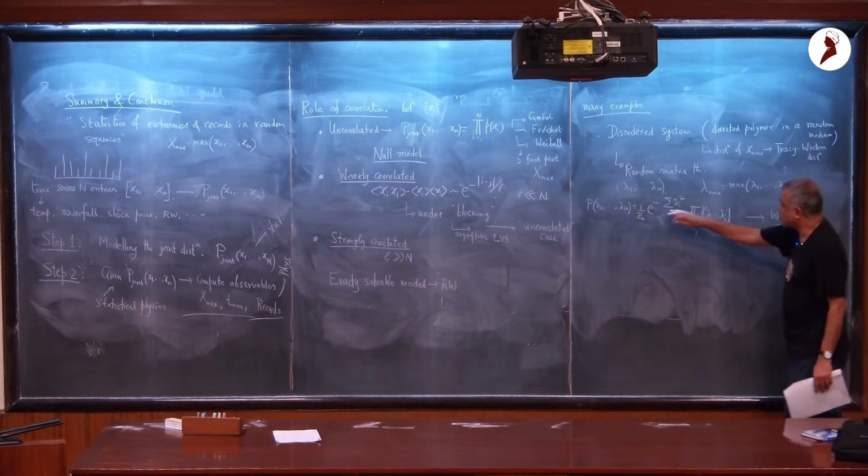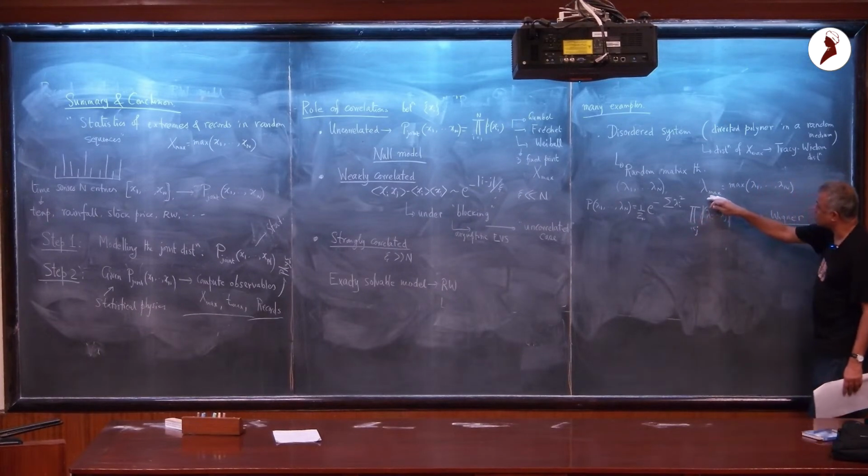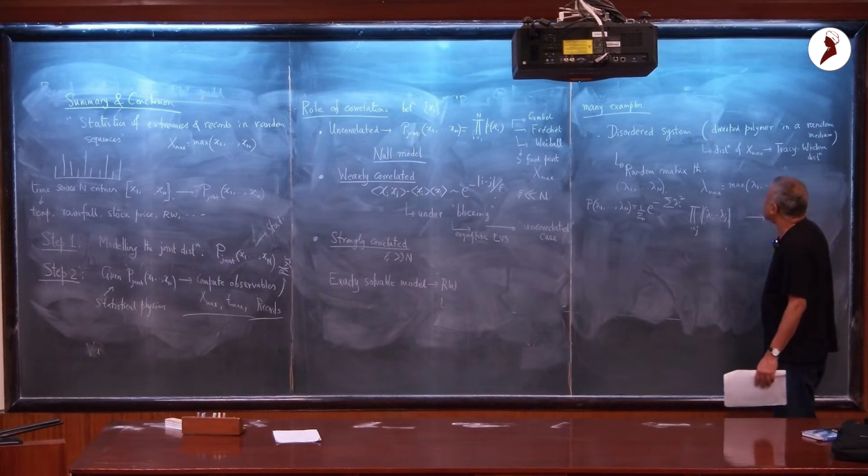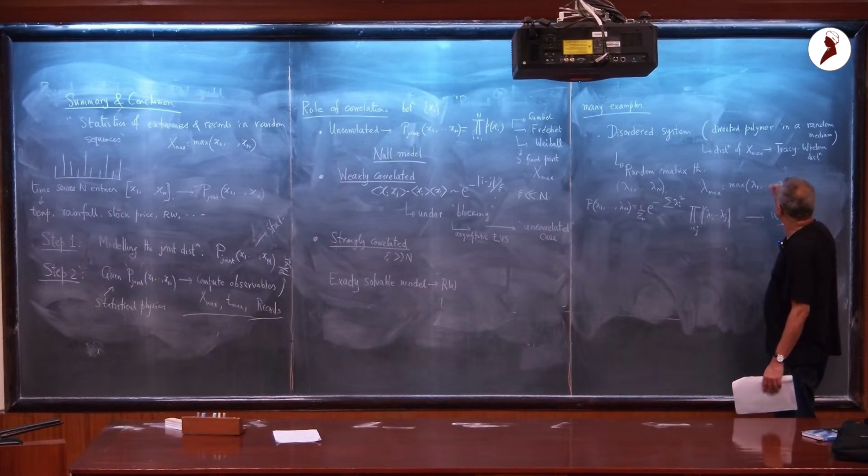And so given this joint distribution, you want to calculate the distribution of the largest eigenvalue. It turns out that you can calculate that in the large n limit, and this is what is known as the Tracy-Widom distribution.